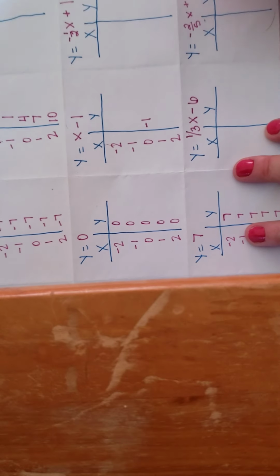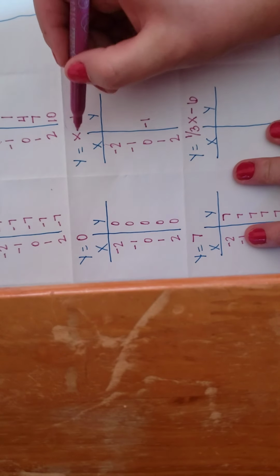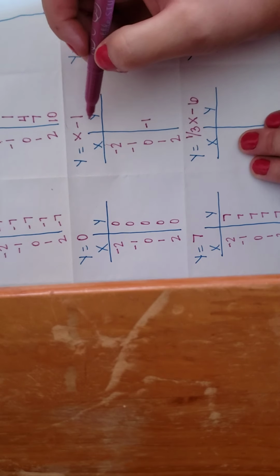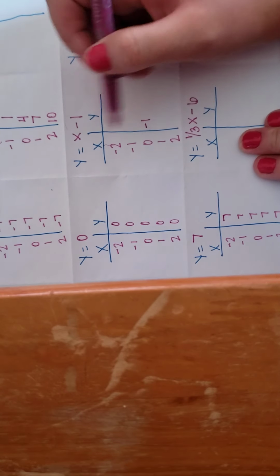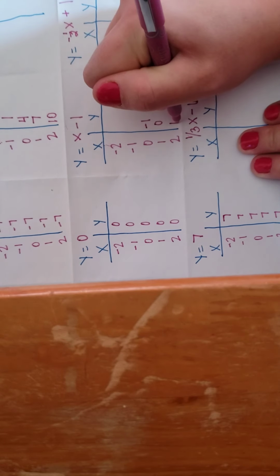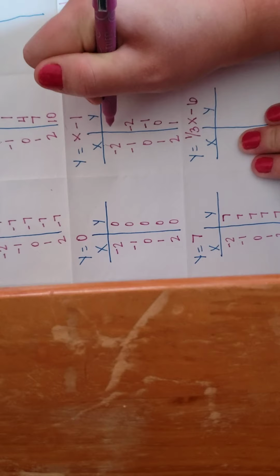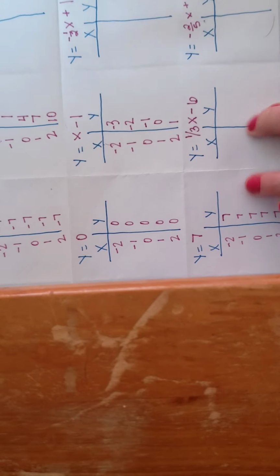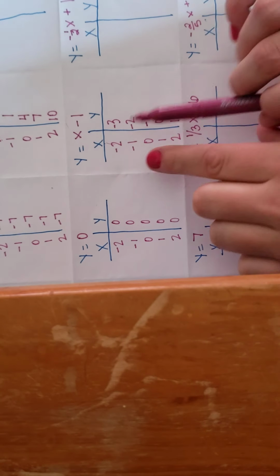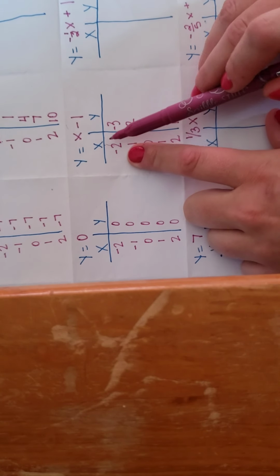If you want to really use a shortcut, from here, we already said our y value should go up by 1 each time our x values go up by 1. So really, I could just count by 1s here. And that's kind of a shortcut. If you don't understand the shortcut or don't want to use it, then you would just plug each number in like we did above.